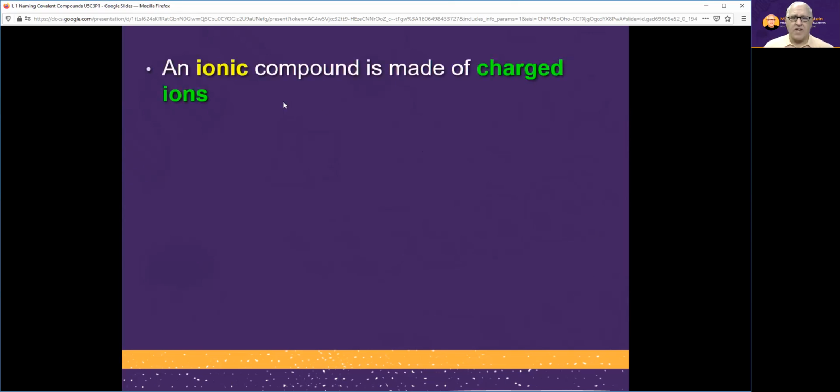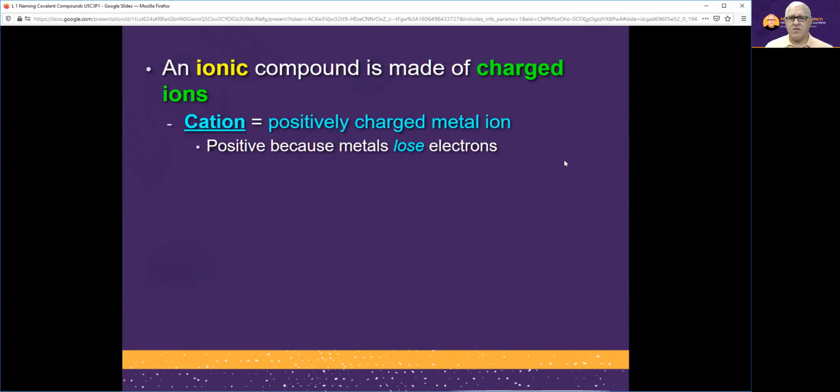So remember, an ionic compound is made up of charged ions. If the metal is positively charged, it's a cation. And it's positive because those metals can lose electrons. The anion, those are the negatively charged nonmetal ions.